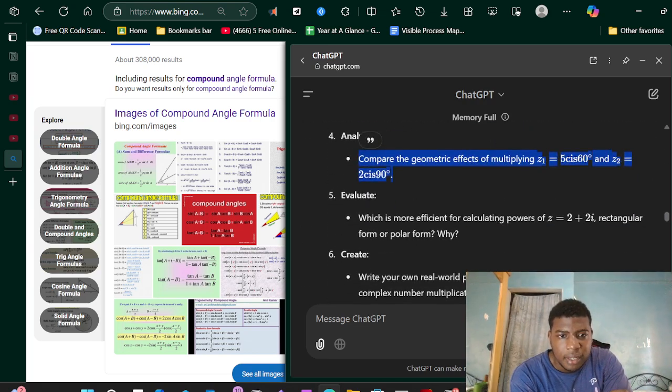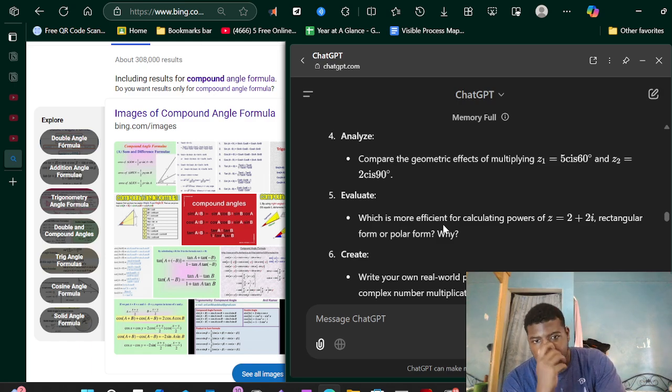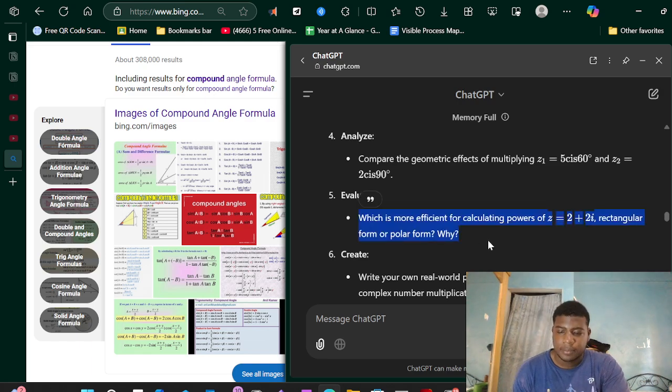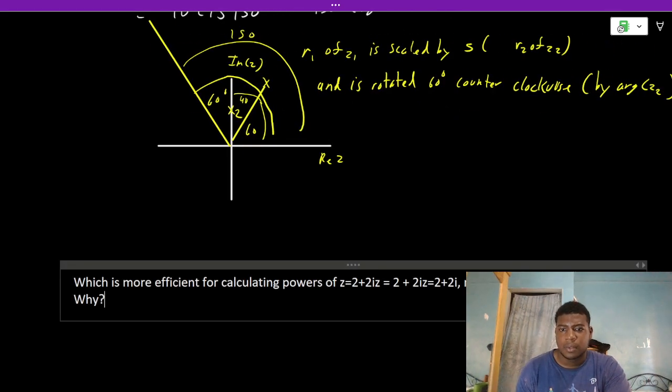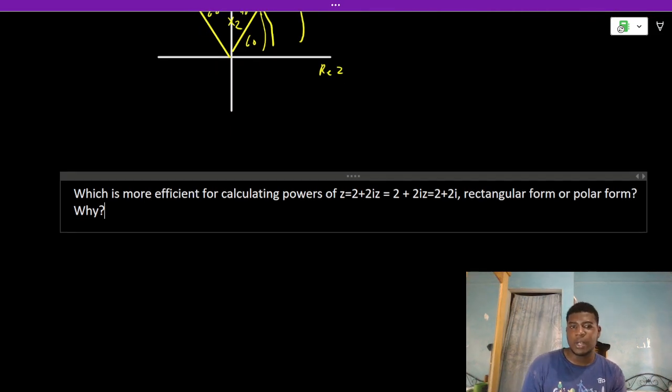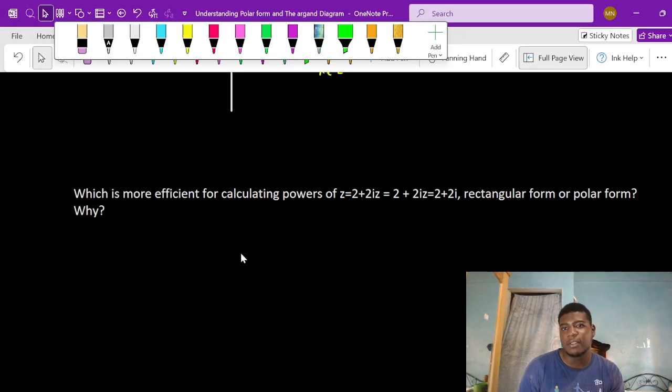So you want to evaluate which is more efficient for calculating. Now, efficient has to do with time, right? How fast it takes you to do something.